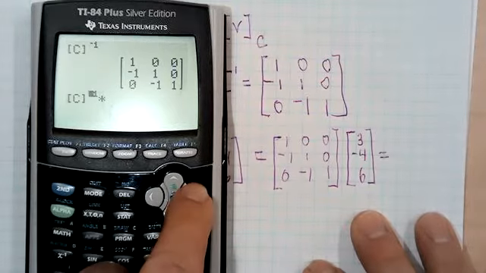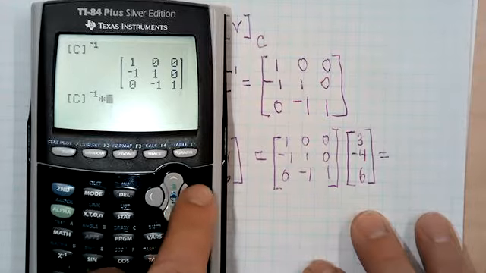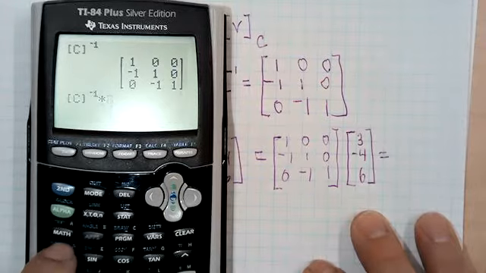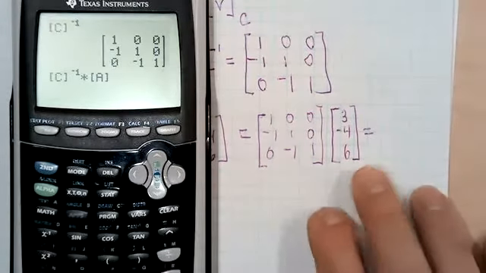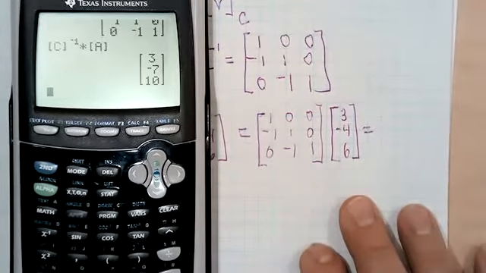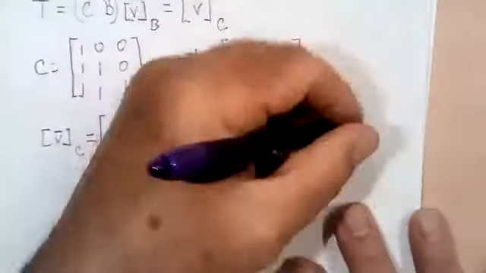And hopefully you're catching on to why I like MATLAB. I just type it in. Okay, C inverse times this vector right here is 3, minus 7, 10.